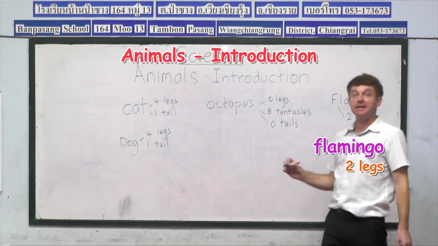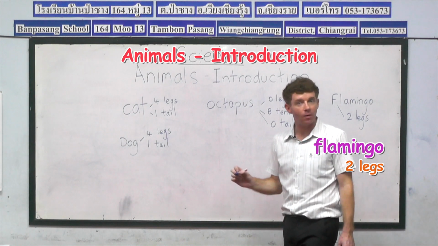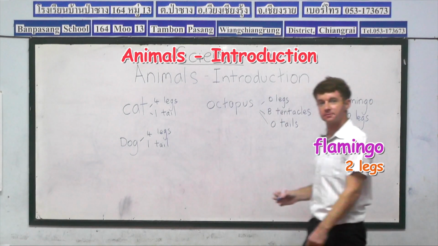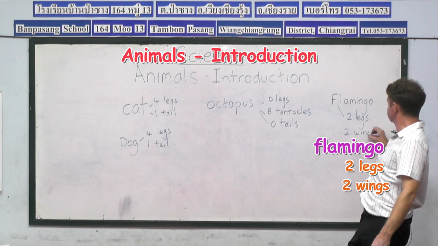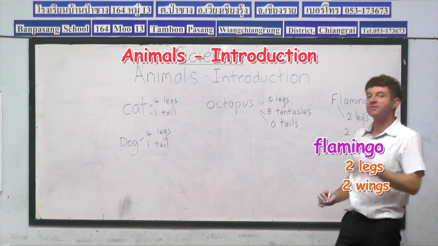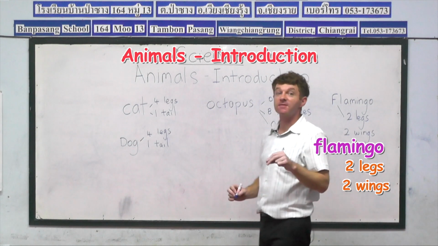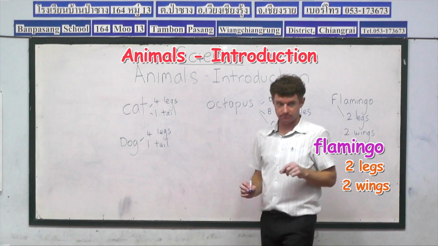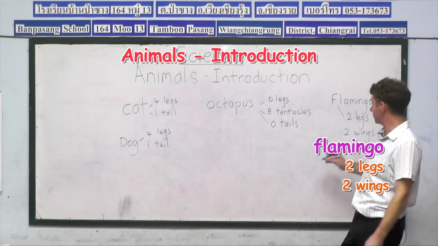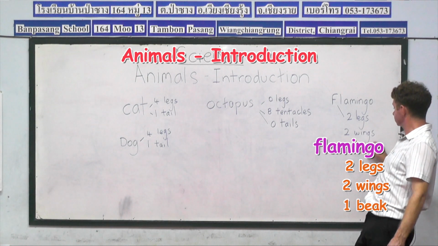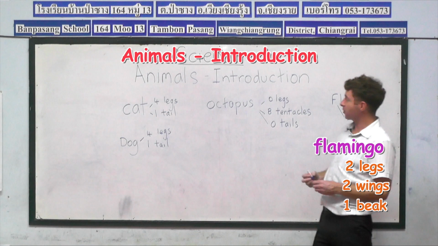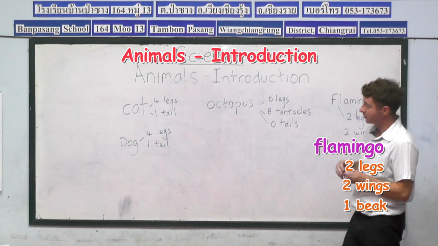How many wings does a flamingo have? 2 wings. And how about its mouth? The mouth of a bird is called a beak. Okay, so how many beaks does a flamingo have? 1 beak.